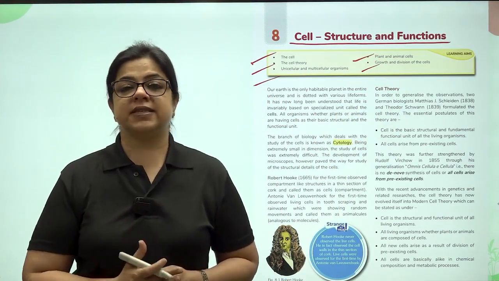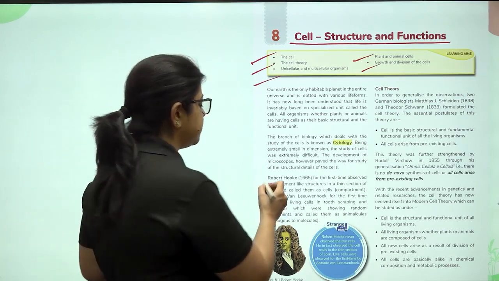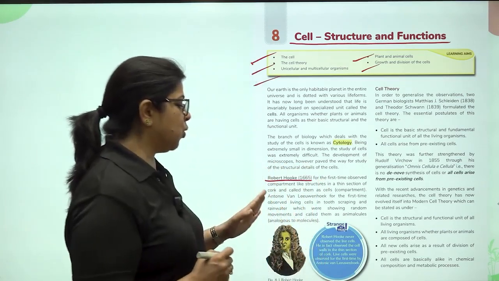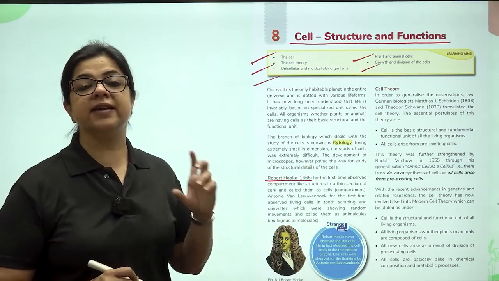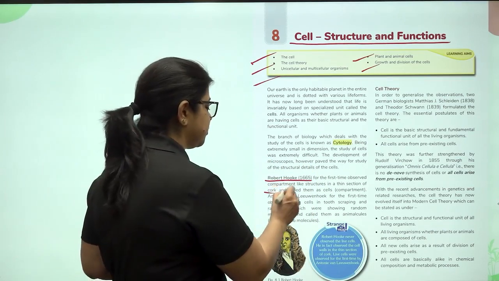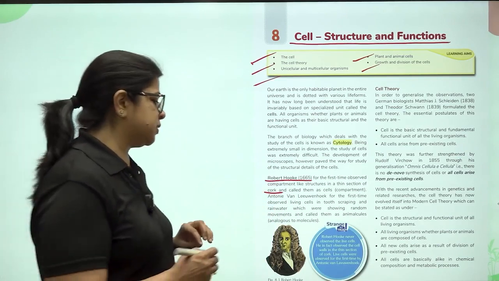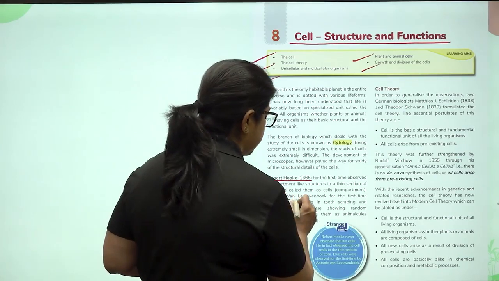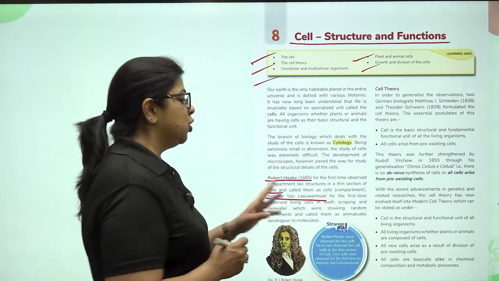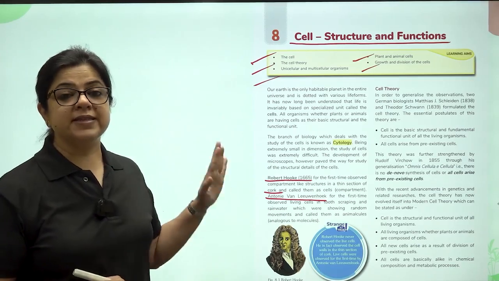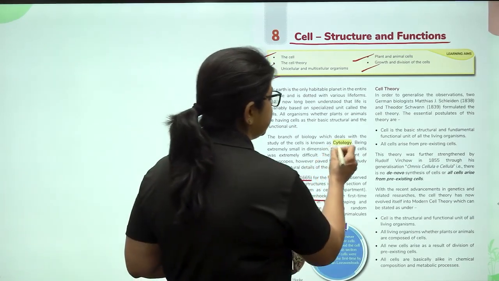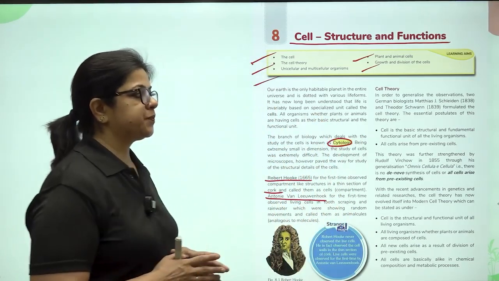Children, the first cell was discovered by Robert Hooke, who was understanding the structure of a cork. And for the first time, the cells were observed under a microscope by Anton van Leeuwenhoek. And the study of cells is known as cytology.